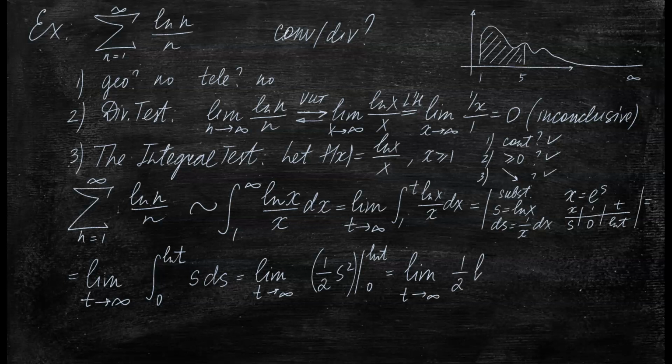So we have 1/2 ln squared t minus 1/2 times 0 squared, and as t goes to infinity, ln of t is also infinity, squared infinity is infinity, dividing it by 2 doesn't change that, it's infinity.